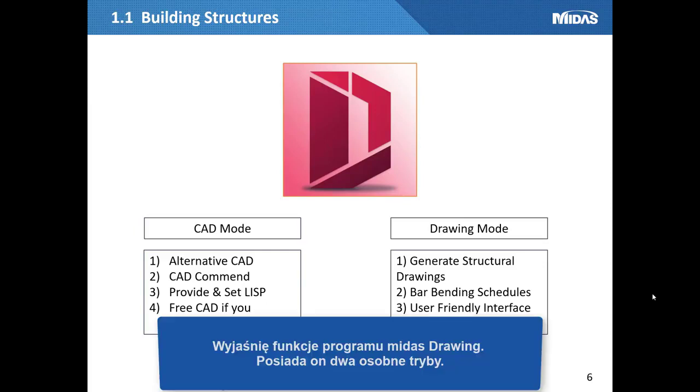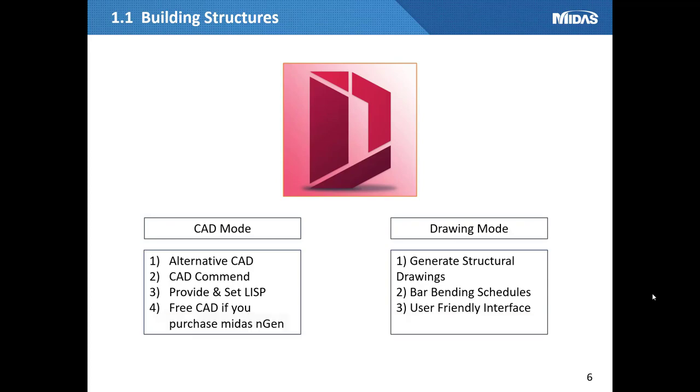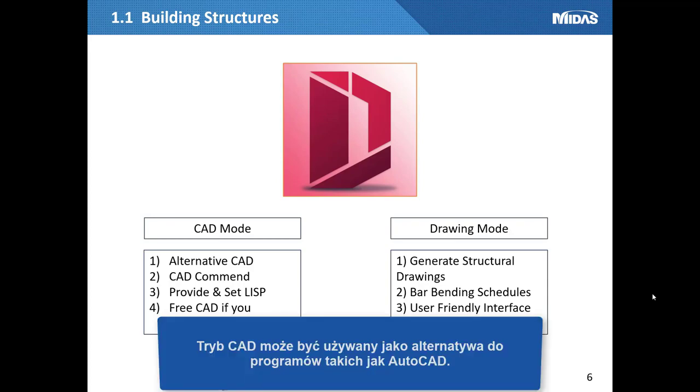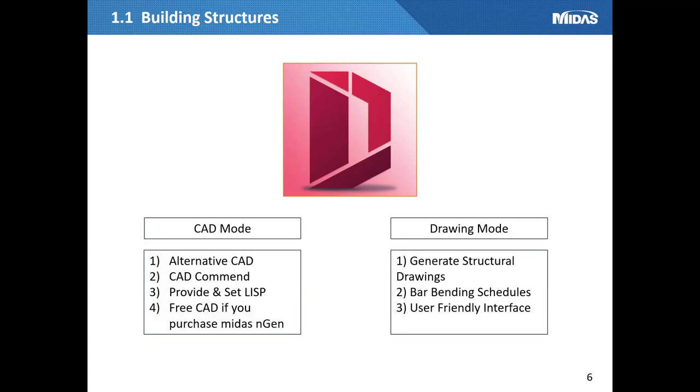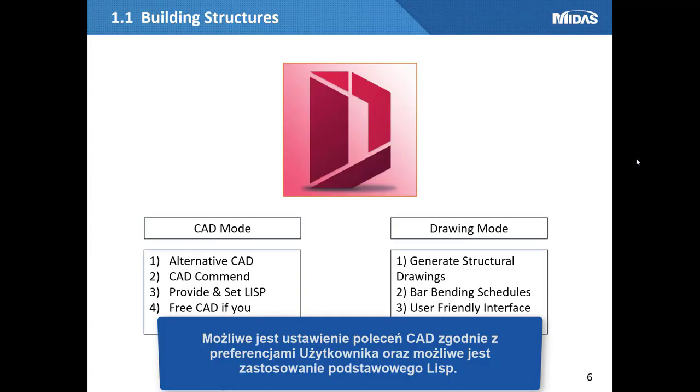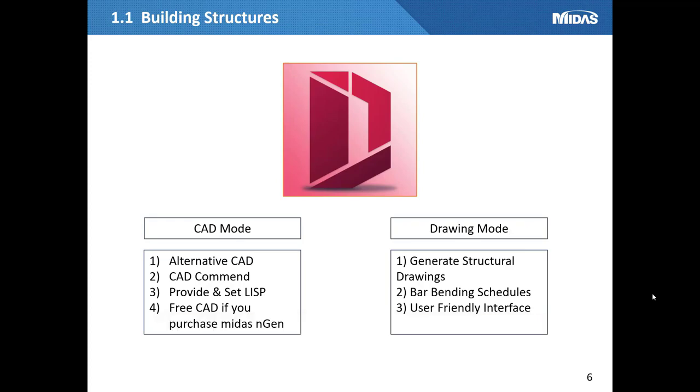I will explain the function of Midas drawing, which has two separate modes. The CAD mode can be used as an alternative CAD like AutoCAD. It is possible to set CAD commands as user-defined, and it provides basic lists and even settings.